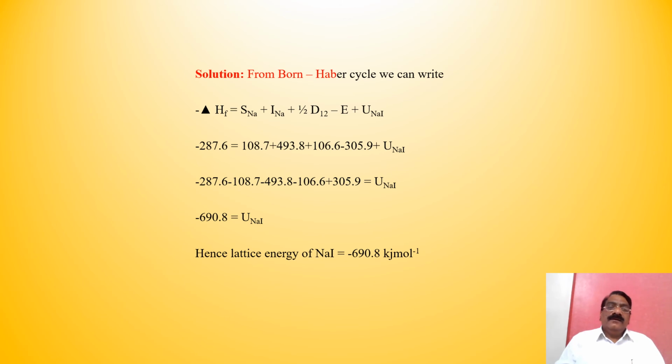From the Born-Haber cycle we can write ΔHf is equal to S_Na plus I_Na plus half D_I2 minus EA plus U_NaI. By filling in all those values and calculating, we get the lattice energy U_NaI is equal to minus 690.8 kilojoule per mole. Thus lattice energy can be calculated.